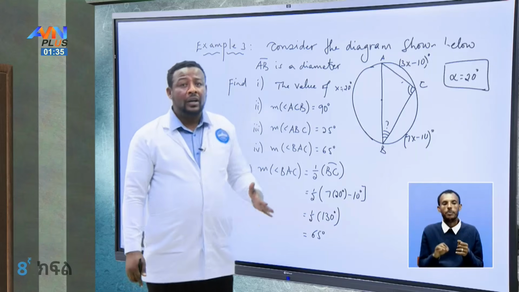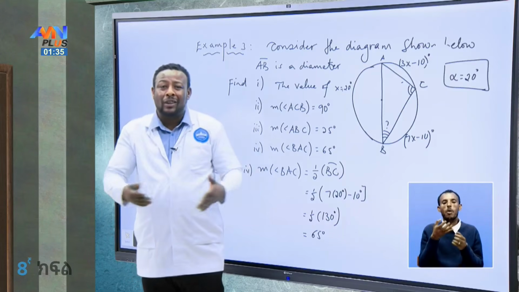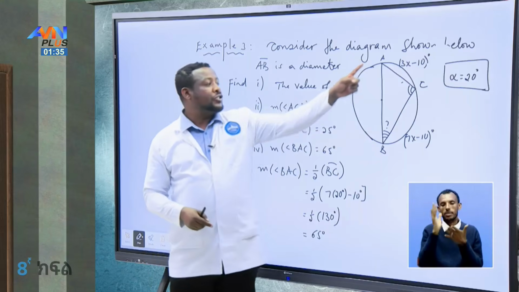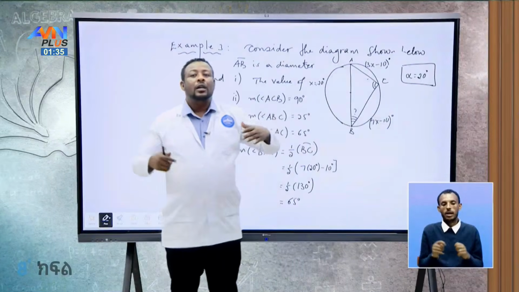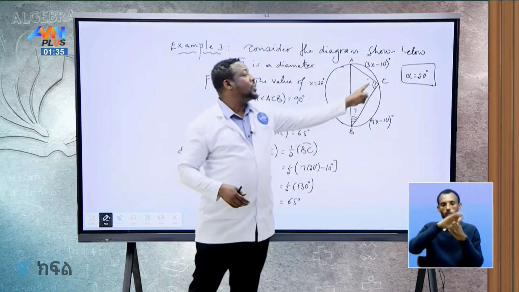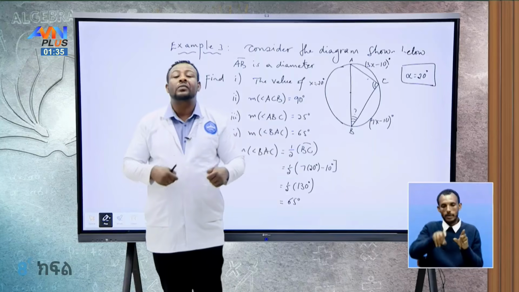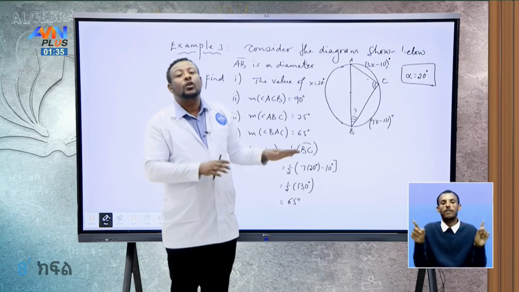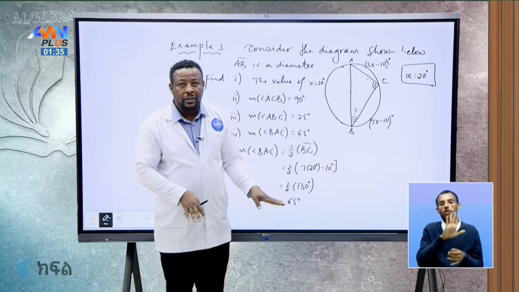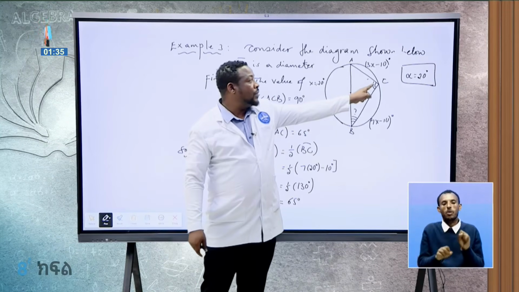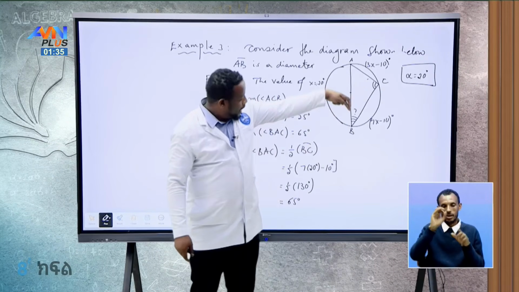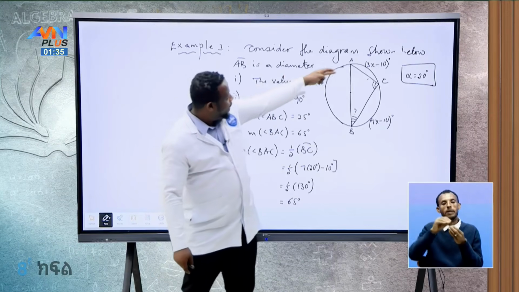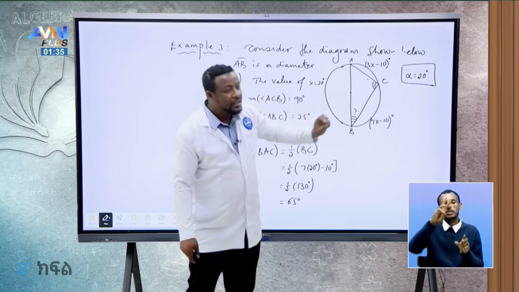By the way, if you want to make sure that your work is correct, you can take this triangle, and the sum of all these three angles must give us 180 degrees. If it is different, there is something wrong in our calculation. Already we have this 90 degrees, angle A is 65 degrees, and this is 25.